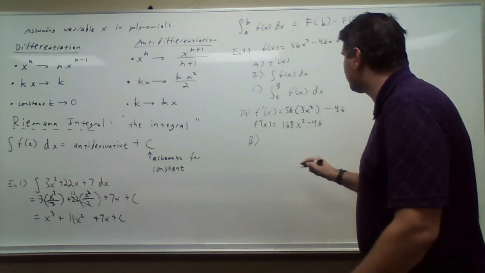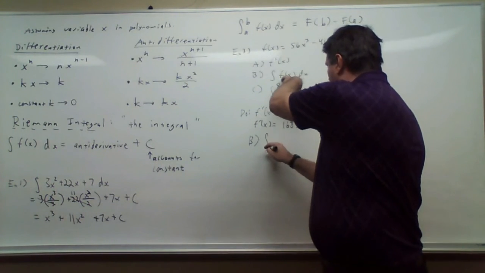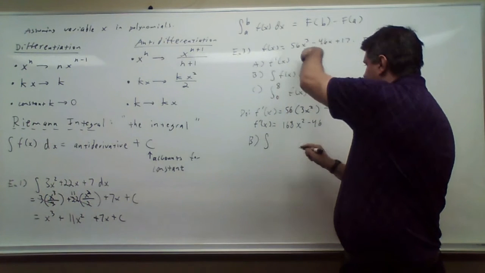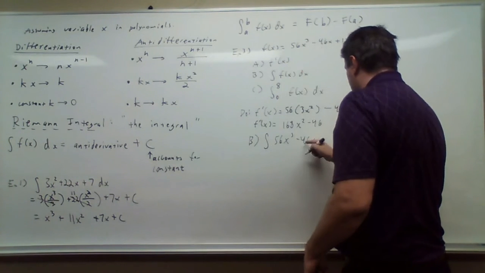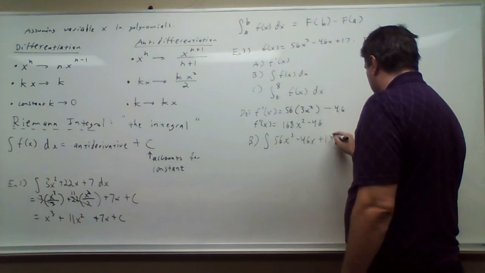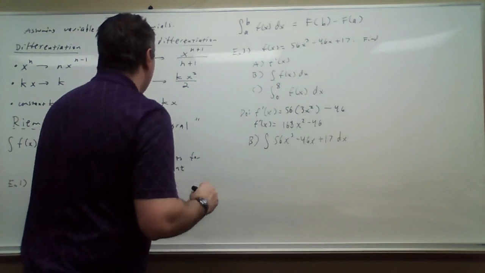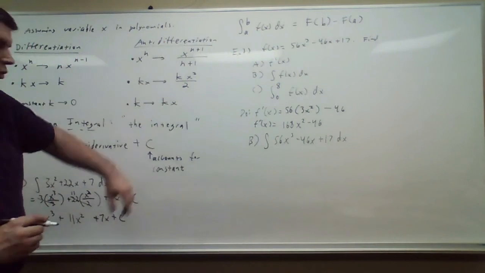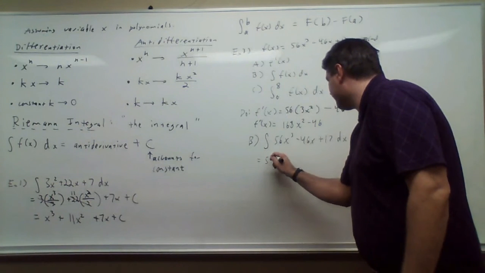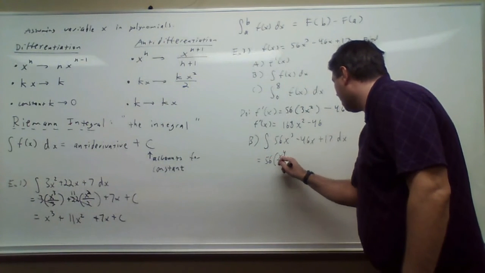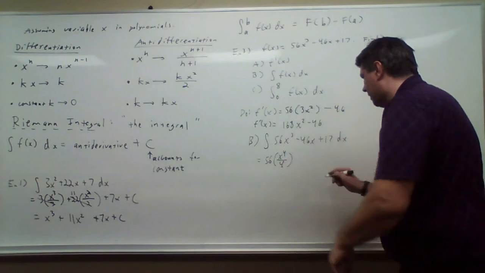Part B asks for the integral of this. So we're looking for the integral of f of x, and f of x is this, with respect to x. Now we'll follow the anti-differentiation rules. So this will be 56 times x to the fourth over 4. Go up a power and make it your new denominator.